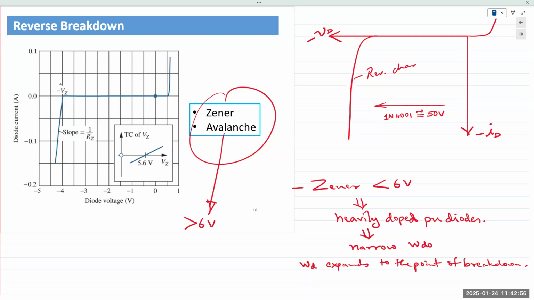So again, if it's a normal diode and we are applying a reverse bias voltage, it's not heavily doped, so you are not going to get breakdown for anything less than 6 volts, because there aren't enough carriers in there to observe that Zener effect. But let's say you keep increasing the reverse voltage.